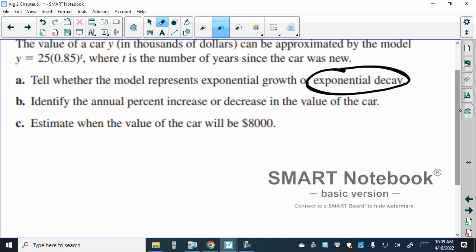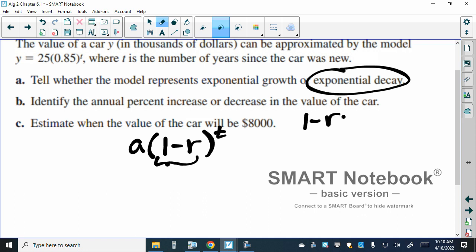Identify the percent increase or decrease, and it's not 0.85. Because our model for this here is a times 1 minus r to the t. Well, where's our rate? It's in here, yes? 1 minus r. So for our rate, 1 minus r is what? It's 0.85. So if I want to find the rate, what can we do?